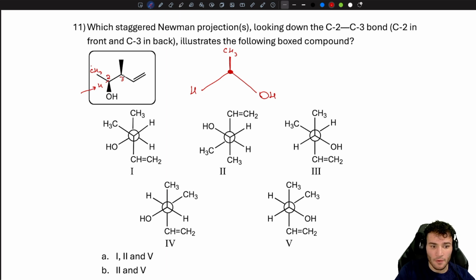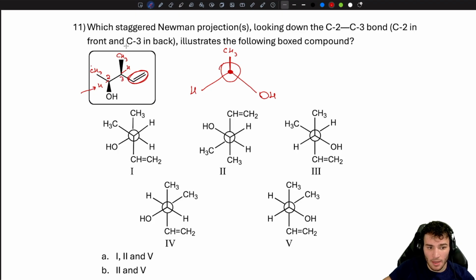Okay. Now from C3, we have this CH3 on a wedge. We have a hydrogen hanging out here, and then we have this kind of ethylene group right over here. So the first job that we really have to figure out is, where is going to be our methyl group? Since it's specified via a wedge, we have to be very specific where we put this methyl group.